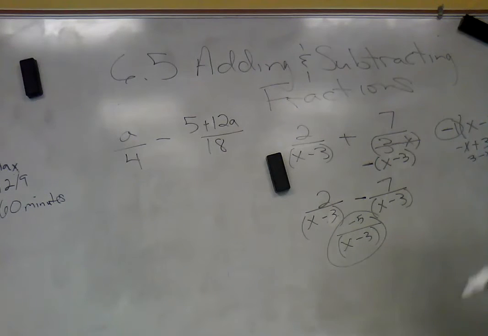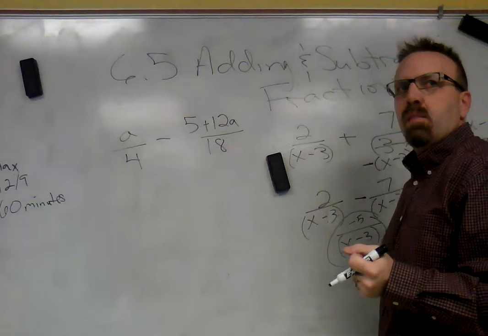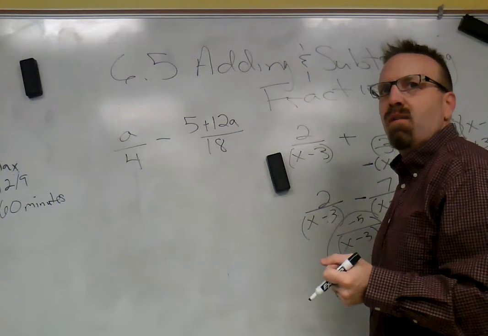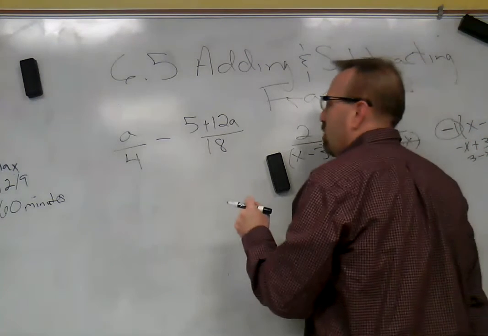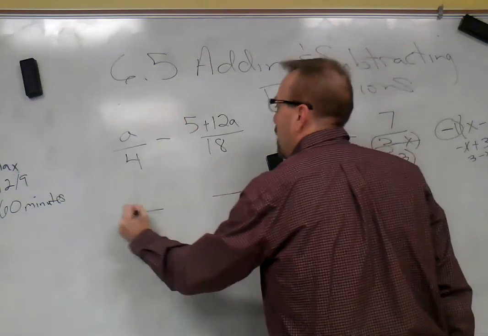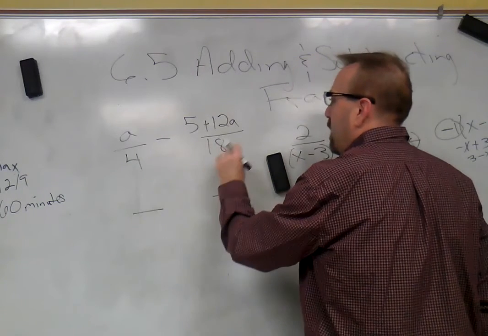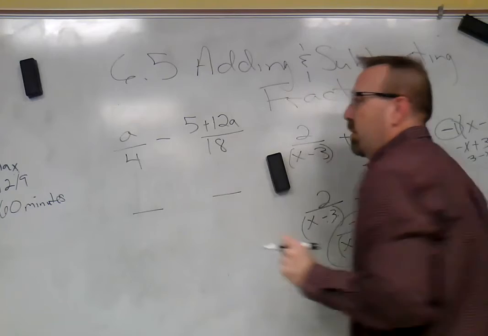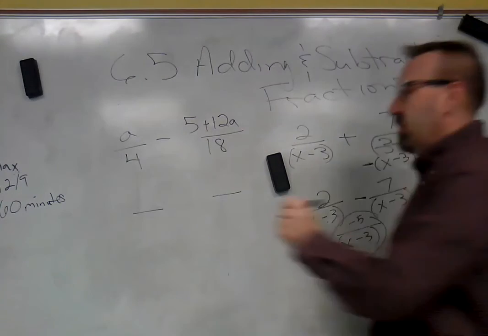So we have 4 and we have 18. What would our common denominator be? 2. No. Common denominator is going to get bigger. The common factor would be 2. But what's 18 times 2? Anybody? 36.